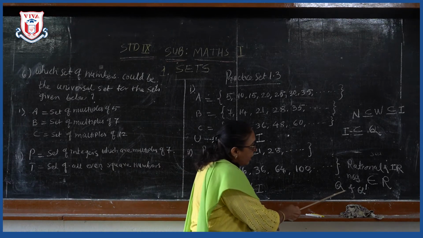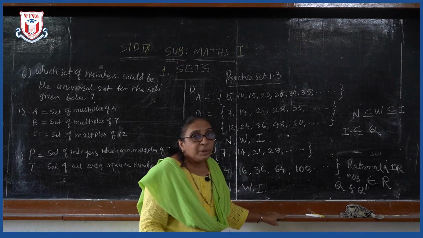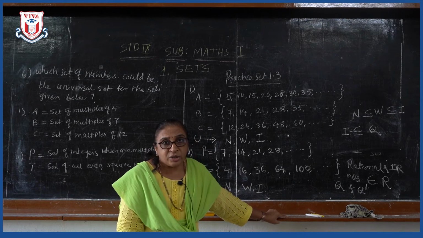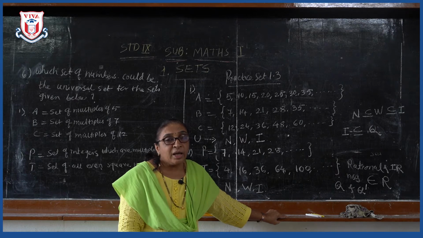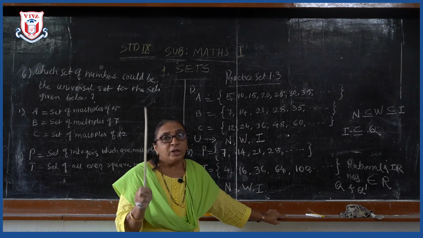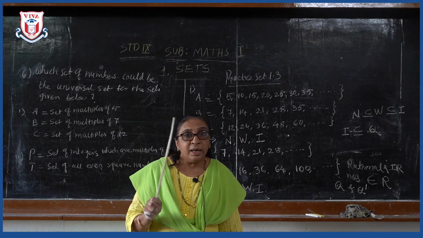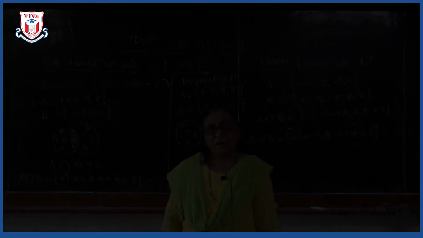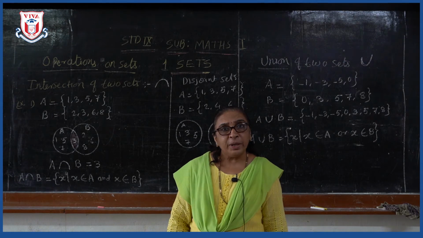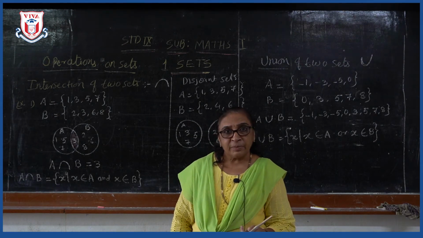Please mind this well, Q and Q dash, because rational cannot be irrational and irrational cannot be rational. They are complements of each other, and the universal set is real numbers. Did you understand? Now we will see the operations on sets.